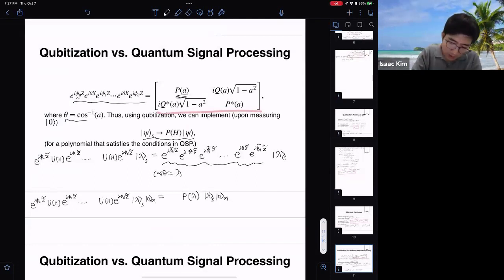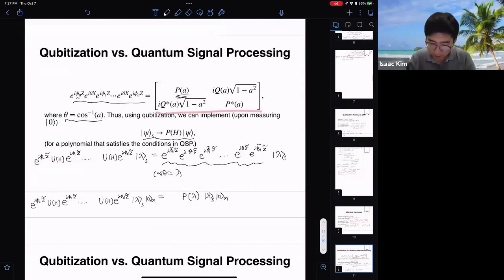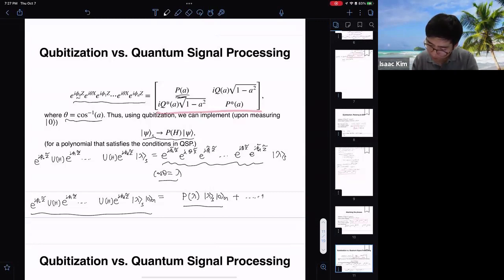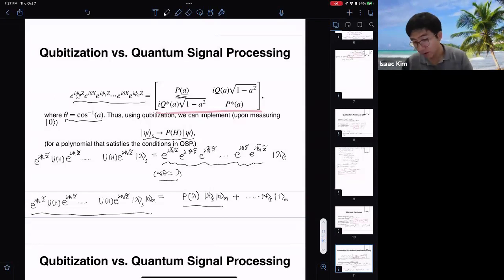Because here theta is inverse cosine a, and here theta is inverse cosine lambda, so lambda and a, you just identify them. If you apply the sequence of operations, you get this term, and then some stuff that I will simply not care about. What is important is that it's some state on psi, but on the ancilla qubit, the state will be in 1.